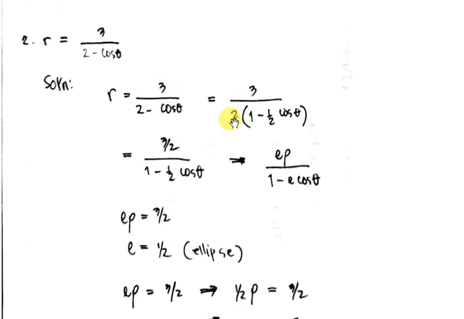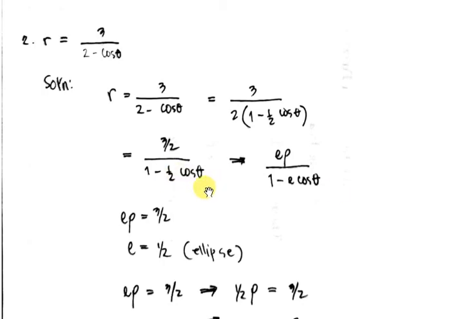Then we divide by the 2, so the numerator becomes 3 over 2 and the denominator starts with 1. I hope you can follow this one. When we distribute, this is the equivalent. This is a little bit confusing, but I believe it can be manageable.